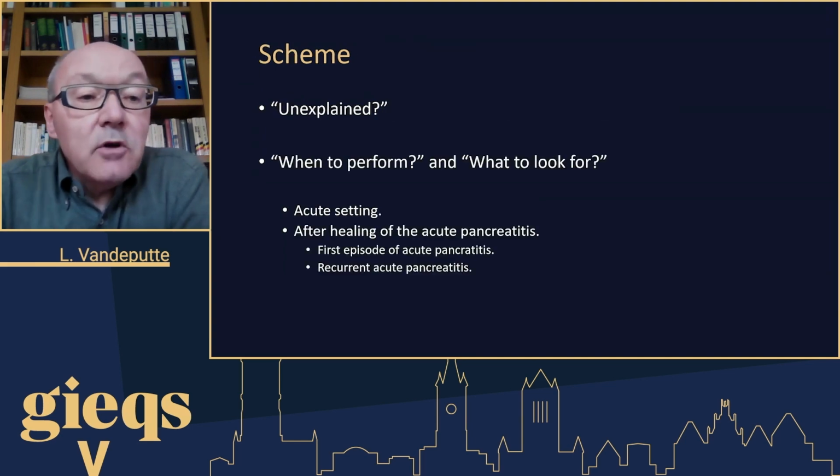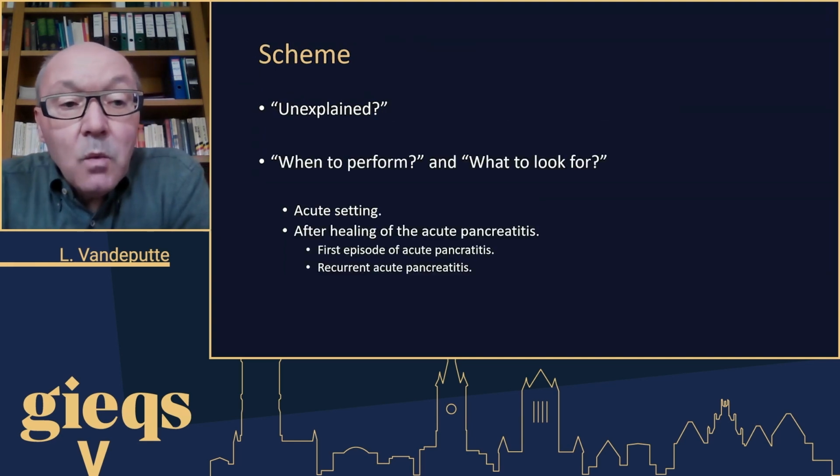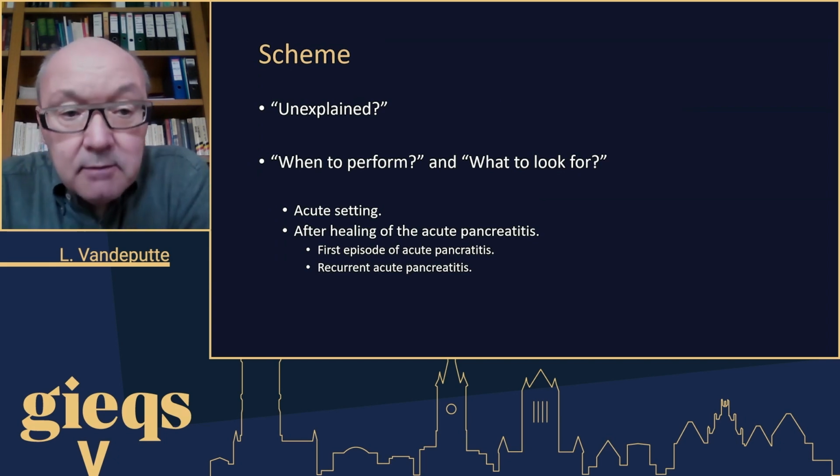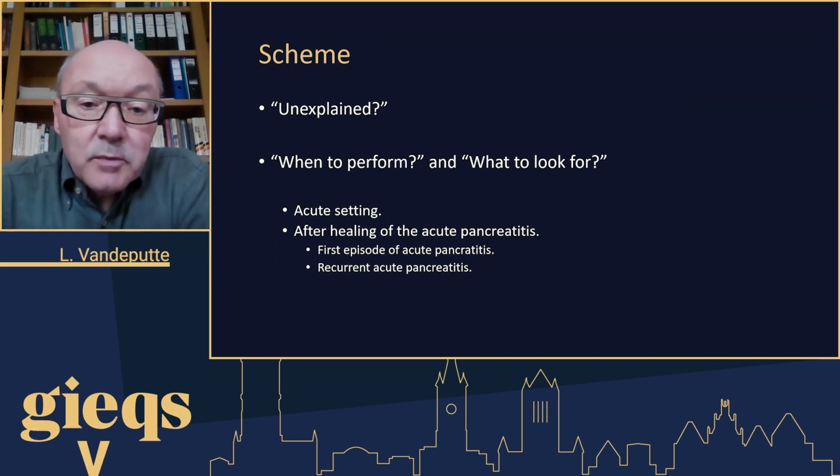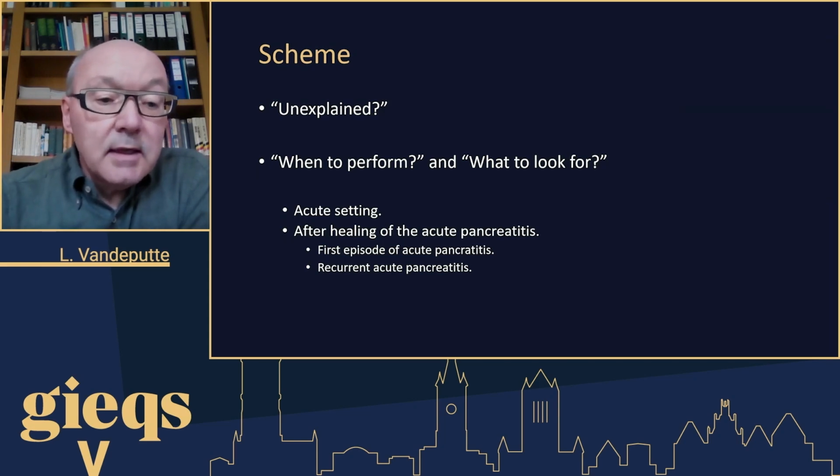The scheme of my talk is first to reveal what we mean by unexplained acute pancreatitis, and then a word on when to perform and what to look for both in acute setting and after healing of acute pancreatitis.